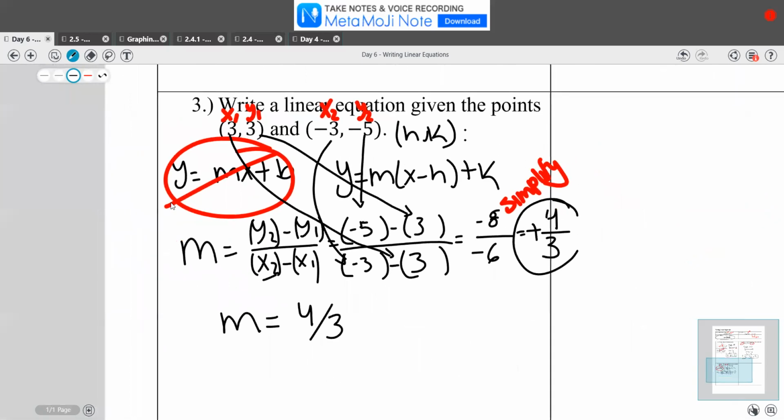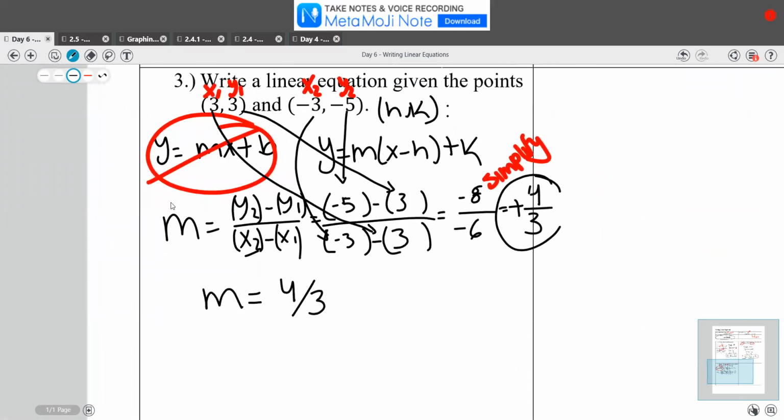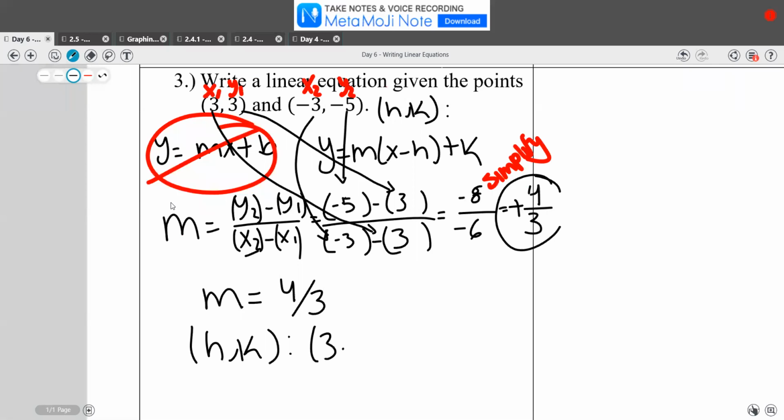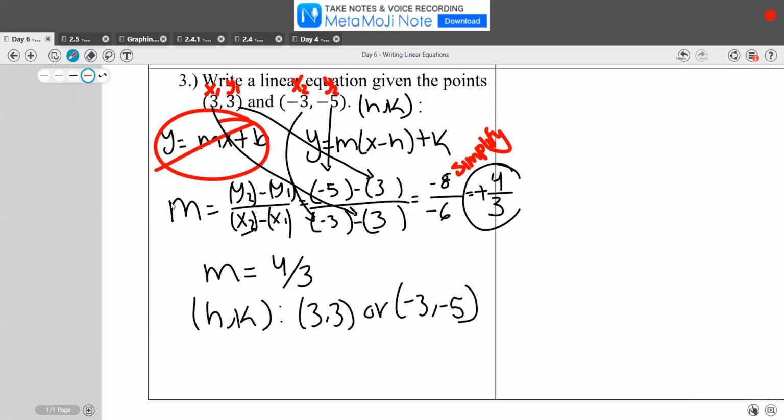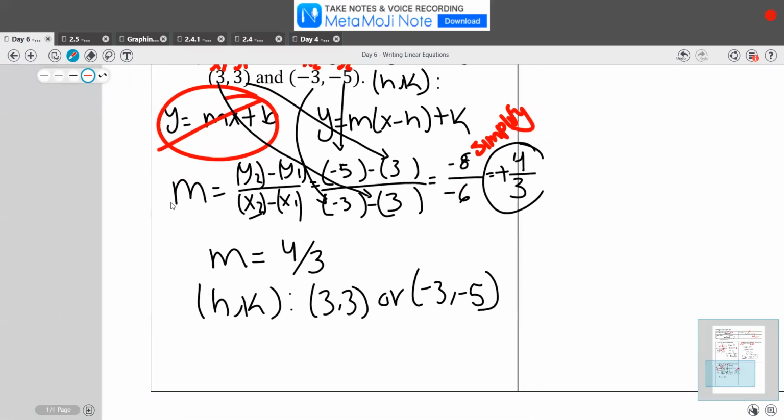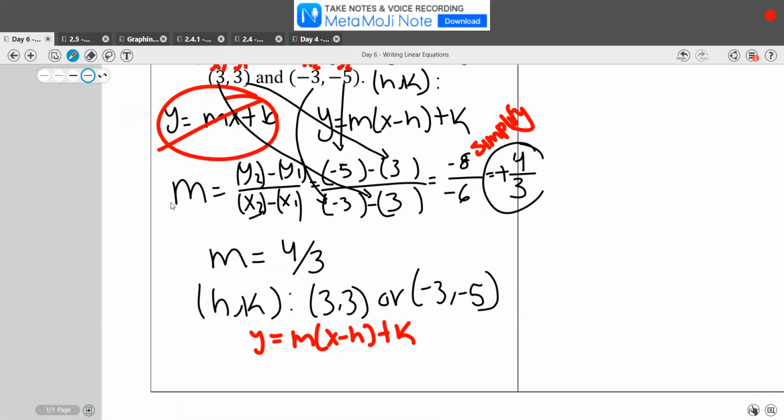All right, so now all I got to do is pick one of the points. You can pick either (3, 3) or (-3, -5). Okay, it doesn't really matter which one. So let's just go ahead and plug them in. My equation is going to be y equals m(x minus h) plus k.